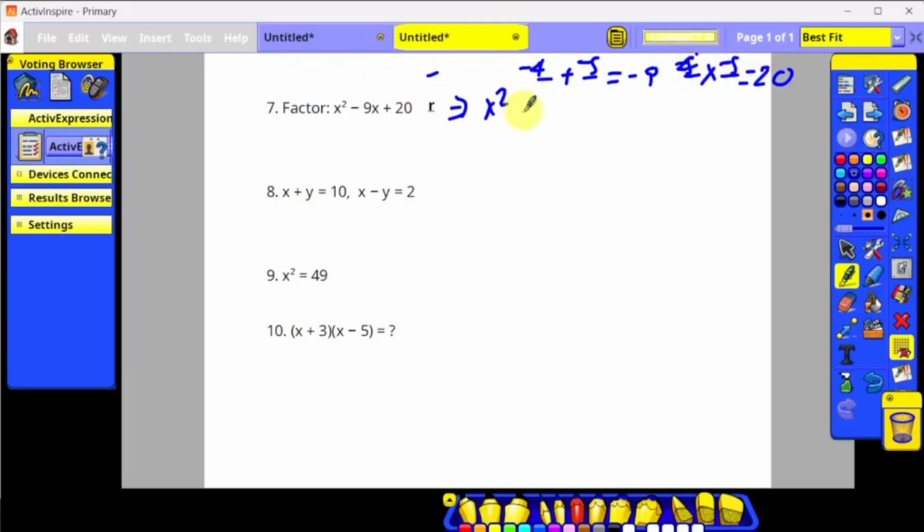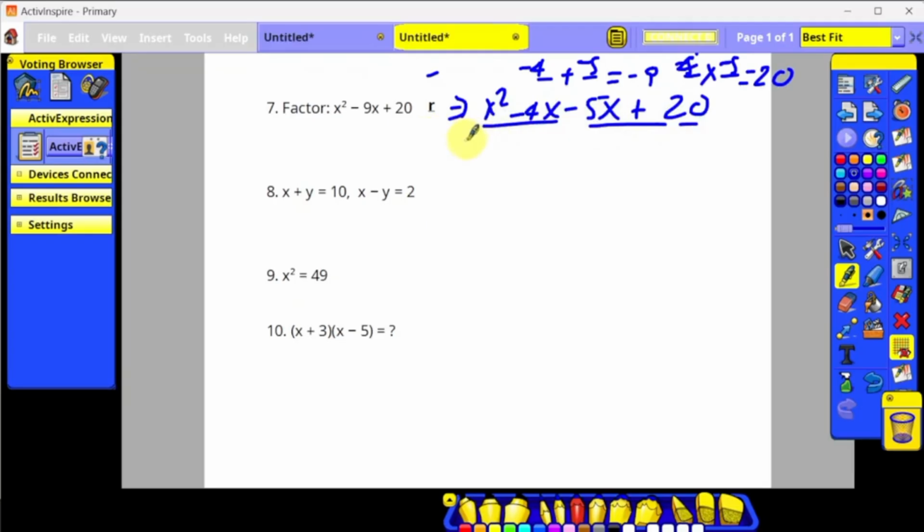That's how you factorize the middle term. You substitute the middle term with these two numbers. So x squared minus 4x minus 5x, you write the minus 9x as that, plus 20. So take those two together and take these two together.